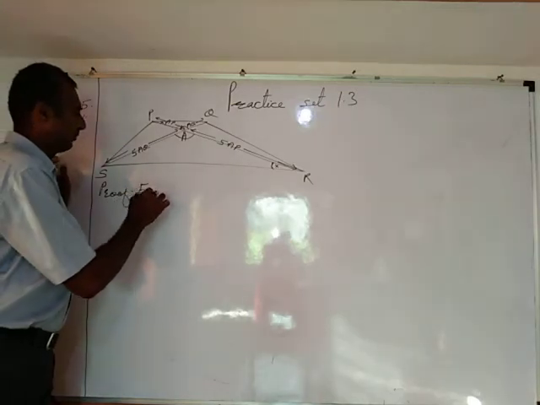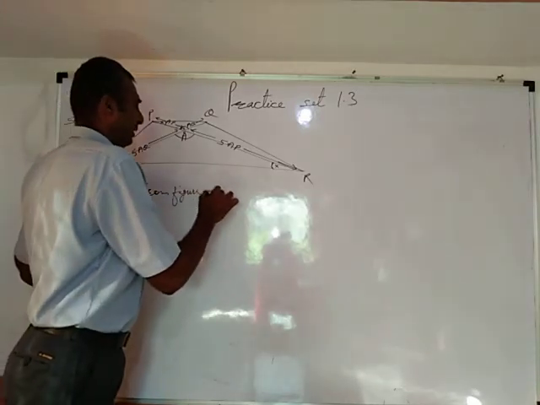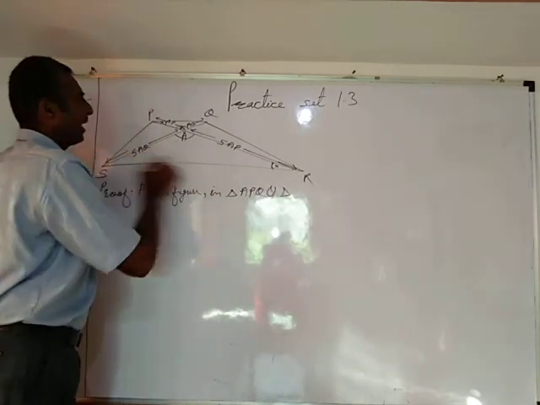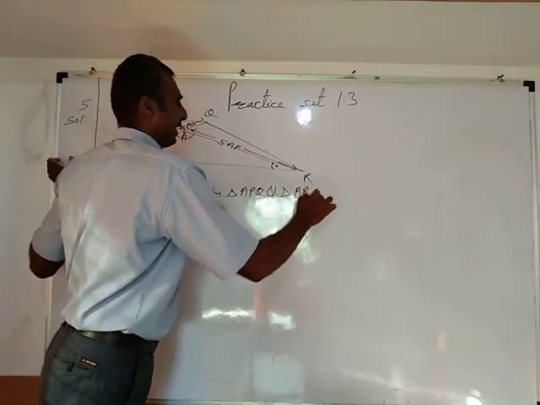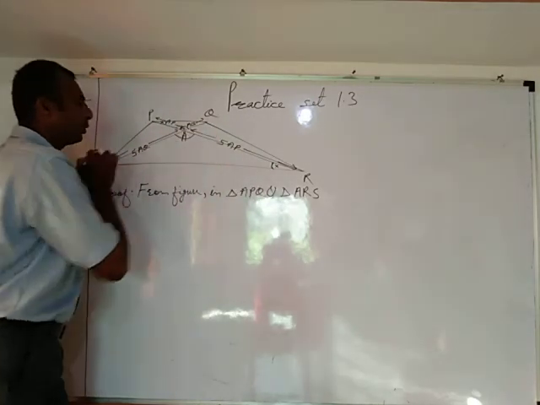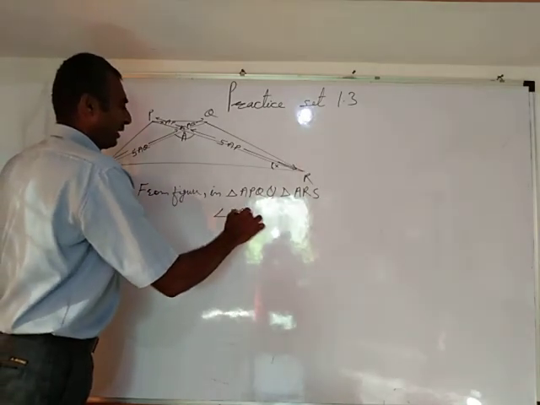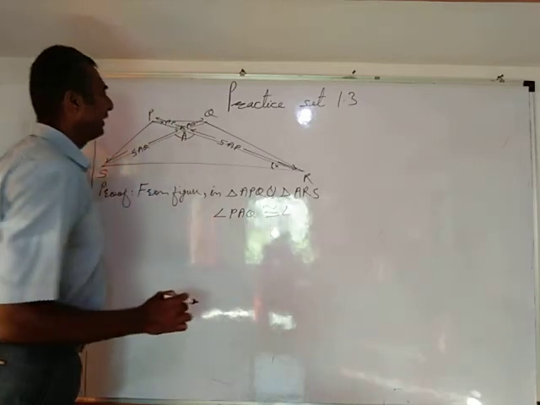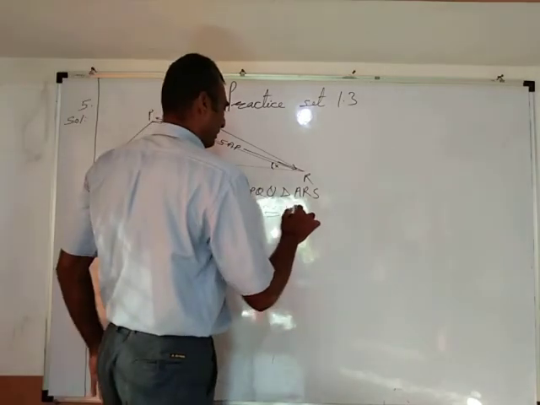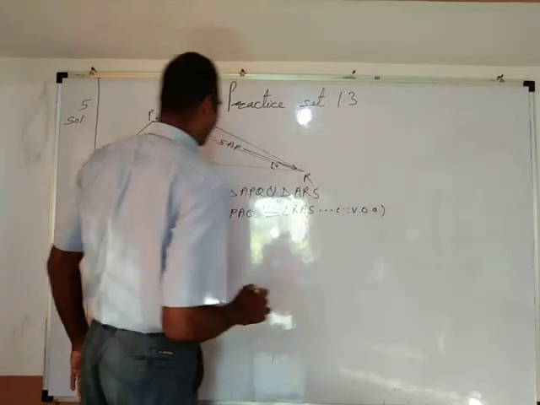From figure, in triangle APQ and triangle ARS, because A corresponds to A, P corresponds to R and Q corresponds to S. Angle PAQ is congruent with angle RAS, since vertically opposite angles.